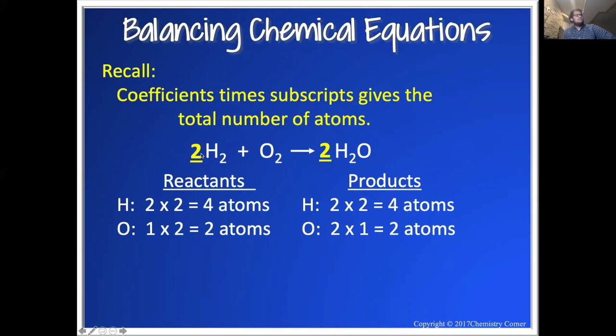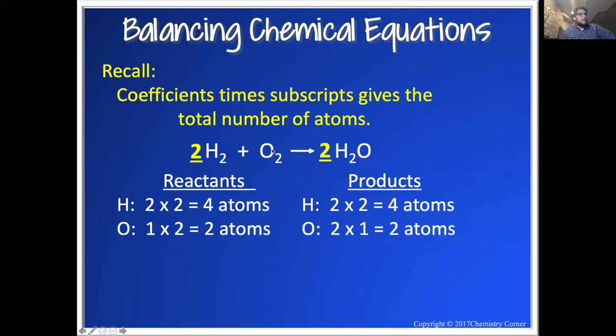You would say, how could I tell? Well, each molecule has 2 hydrogens bonded together, the 2 yellow circles. And if I have two of those molecules, all of a sudden I've got 2 times 2, I've got 4 hydrogen atoms. So a little bit of quick multiplication, coefficient times subscript, will tell me how many hydrogens I'm dealing with on the left.